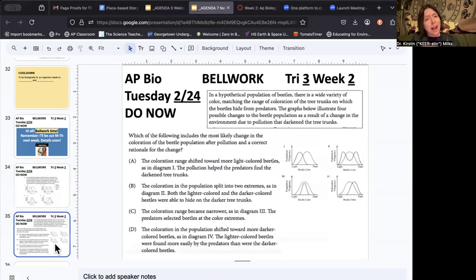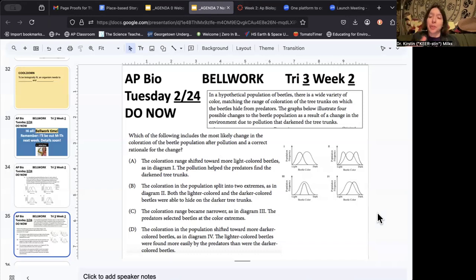So here's the question, and I'm going to have you zoom into the video for a moment, but I did want to show you the first thing I do when I look at one of these questions. If it says which of the following indicates the most likely change in the coloration and a correct rationale, I'm going to look and see if each of these is set up to match one of those. So indeed, A is about 1, B is about 2, C is about 3, and D is about 4.